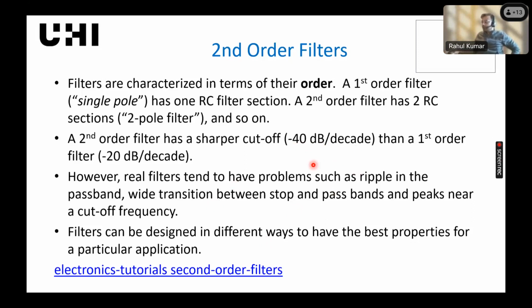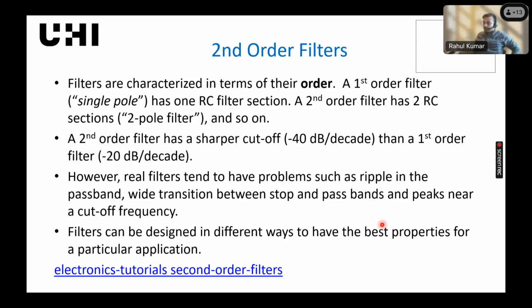However, with an increase in the order of filter, we can have a much sharper cutoff, but it will lead to other disadvantages, like making your circuit more complex and ripples, right?